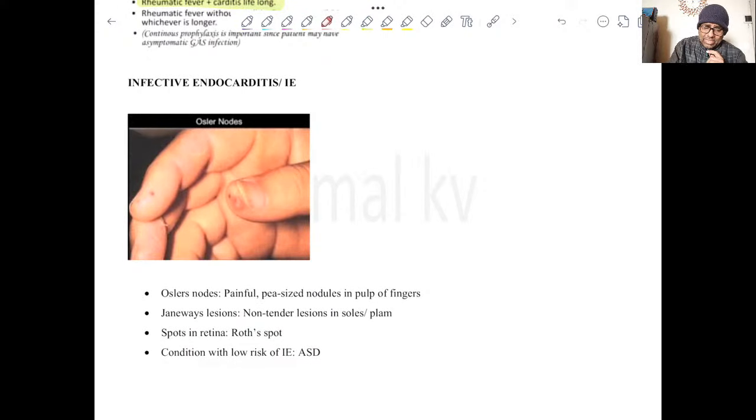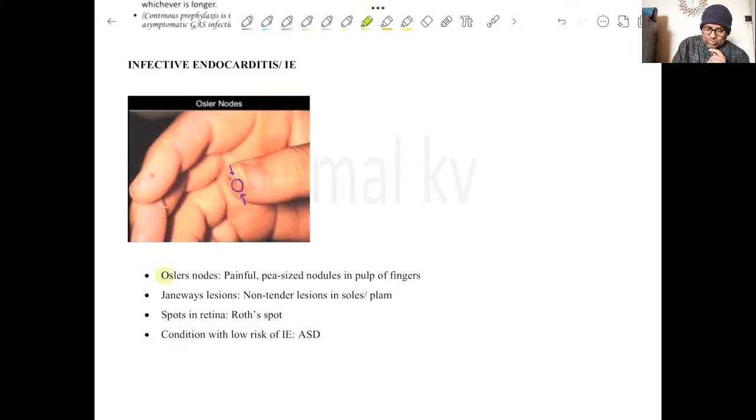Here in this image we can see a pea-sized nodule, right? So something like this. So this is actually Osler's node. So for Osler's, you can remember some peas, like painful pea-sized nodules at the pulp of fingertips.